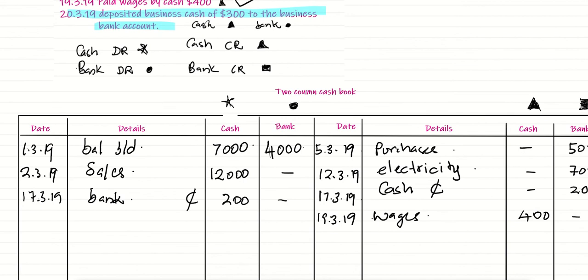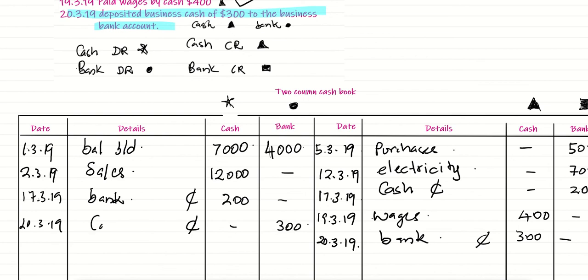Cash triangle, because cash value reduces, 300. It's a contra entry. From where did you take it? You took it from your bank account, which occurred on 20th. And on the debit side, 20th, 300. Again, it's a contra entry. Bank circle, bank value increases. And then from where did you take it? From your cash.